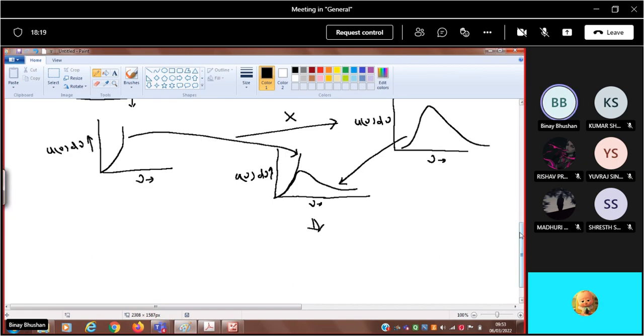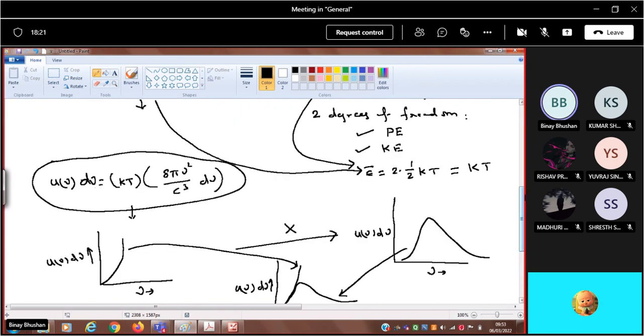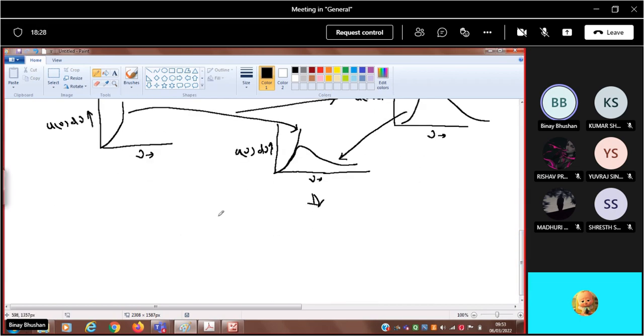The conclusion is that this formula here, if I take this as equation 1, then this equation 1 satisfies the experimental curve, right? We should write here: formula 1 describes the experimental curve only at lower frequencies.